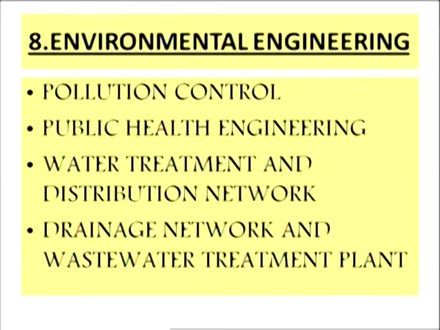So this wastewater treatment plant, the entire sewerage network, the water treatment plant, and the different water distribution networks are to be planned, designed, operated and maintained by the civil engineer. So in that part, the civil engineer has a great role to play in the field of environmental engineering.